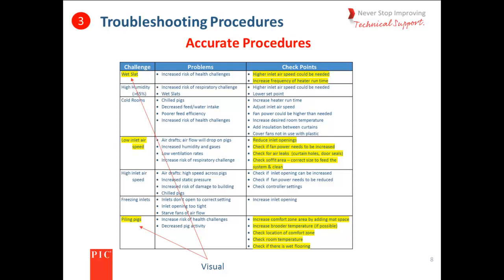It's not just heater runtime or brooding temperature or room temperature. We will check our fan power, infiltration, soffit area, comfort zone, and so on. It's important because the people need to know how they can resolve the problem, no? Because it's in that moment that they have the problem. We cannot wait too much.